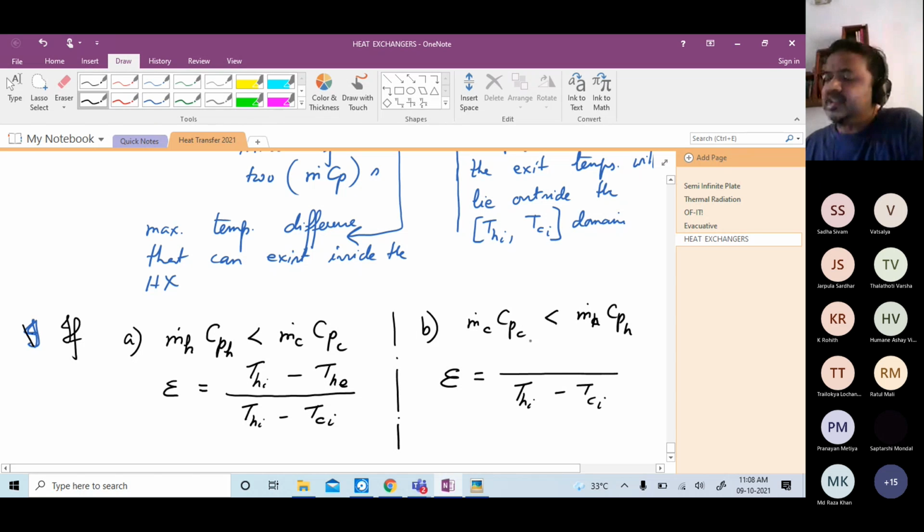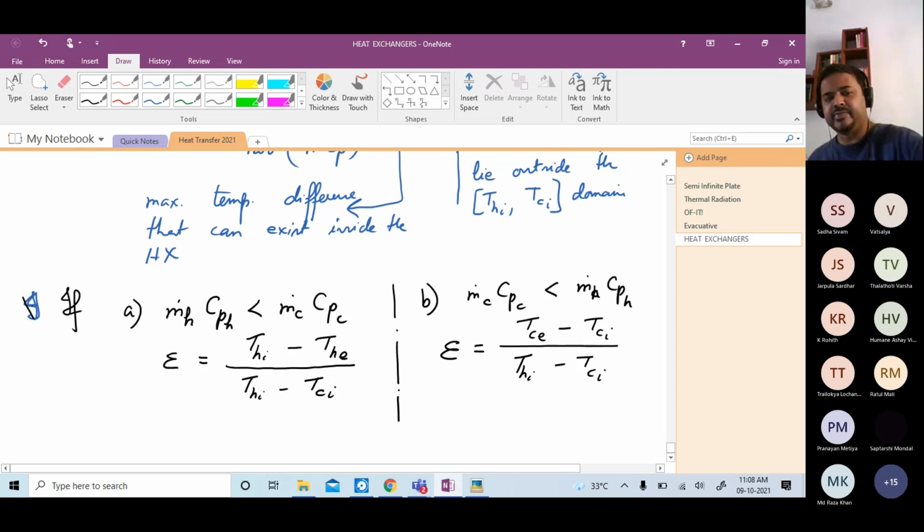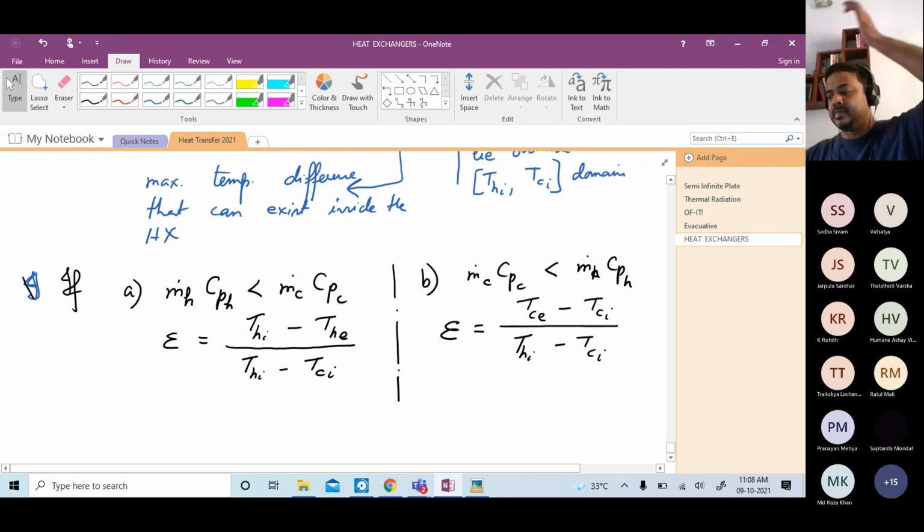And the numerator, I will take the cold fluid energy, Q of the cold fluid, would be Tce minus Tci. And in the special case where m dot h Cph equals m dot c Cpc, the two expressions are equivalent.